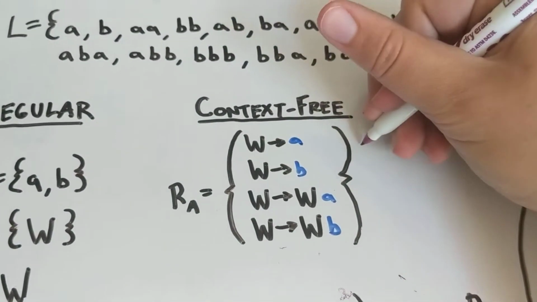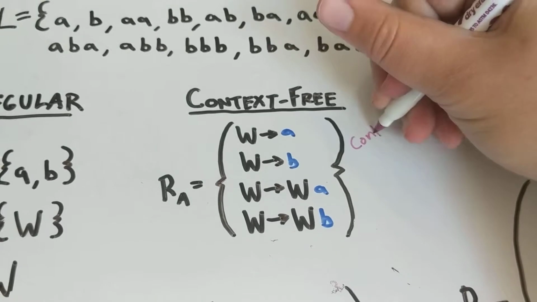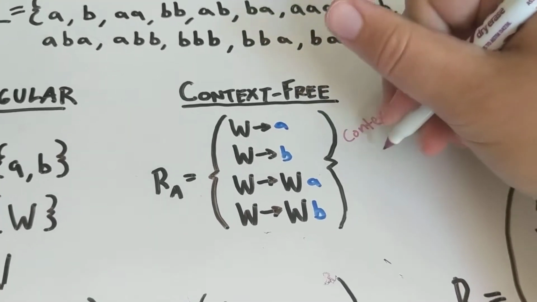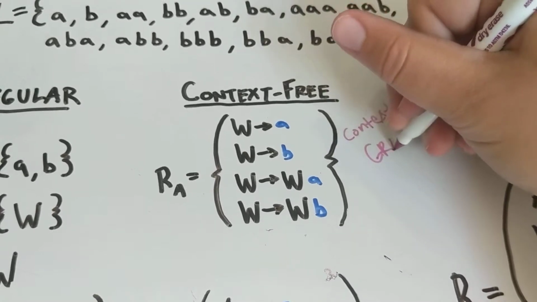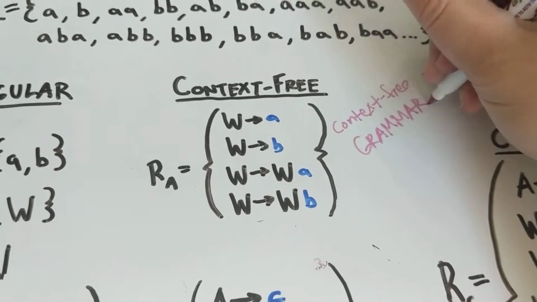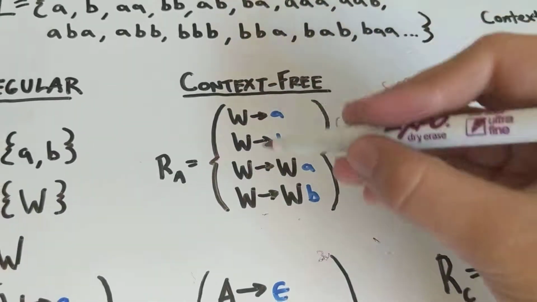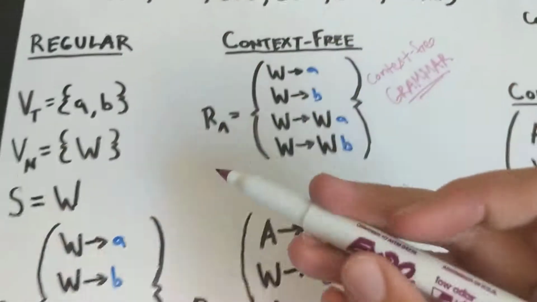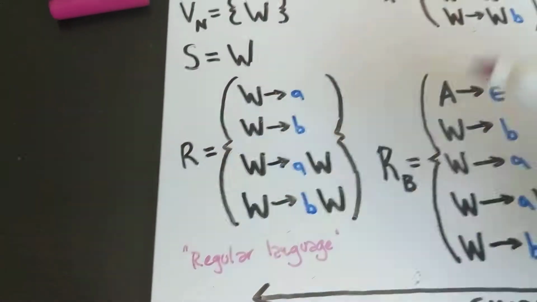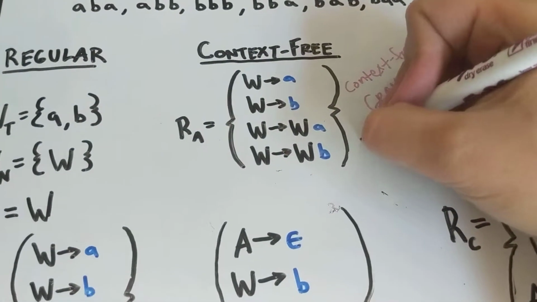So we would call this a context-free grammar. But because we know that we can still define this using regular language, regular grammar rules, it still is a regular language.